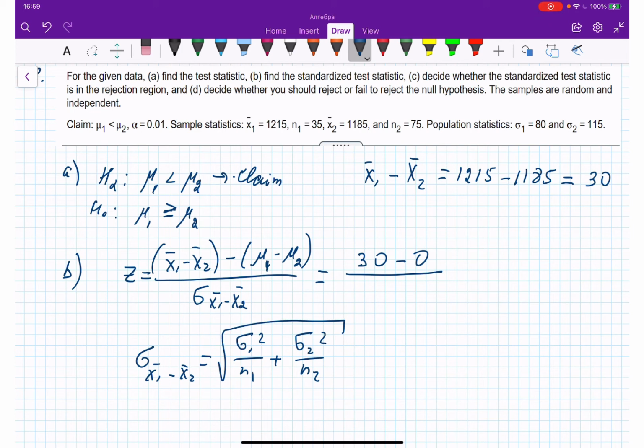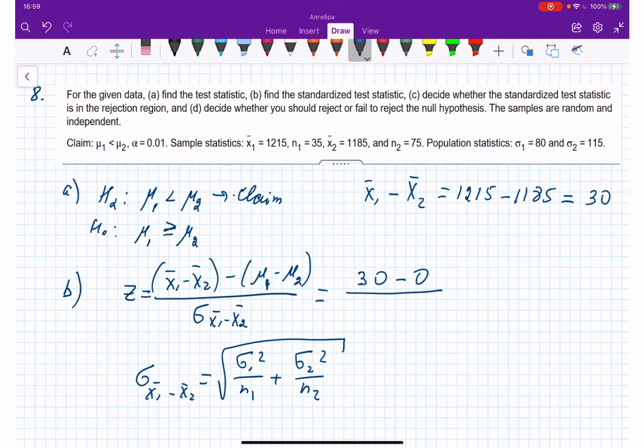Sigma 1 is 80, sigma 2 is 115, sample size 1 is 35, and sample size 2 is 75.